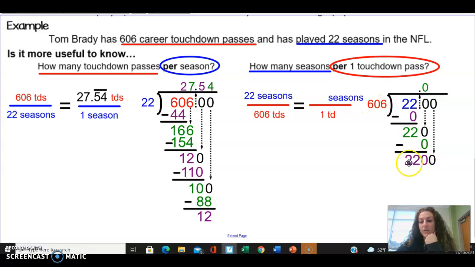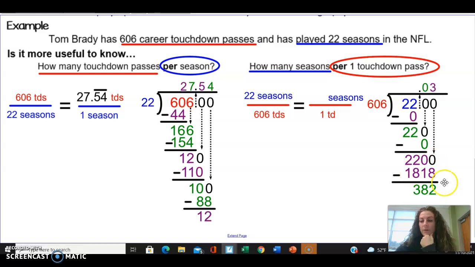How many times does it go into 2,200? Again, might have to do some estimating. You can round this to 600 to be thinking about your answer, doing some calculating off to the side if you need to. Goes in 3 times. 3 times 606 would be 1,818. I'm going to subtract to continue.